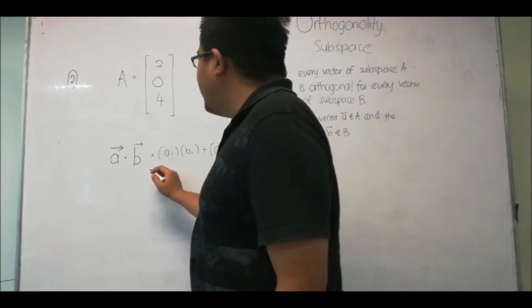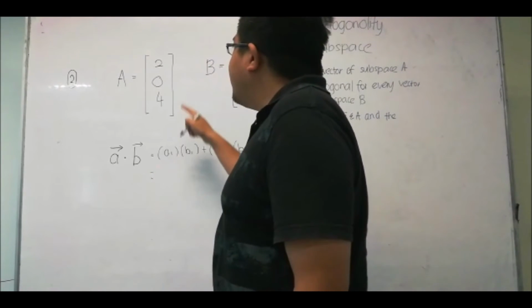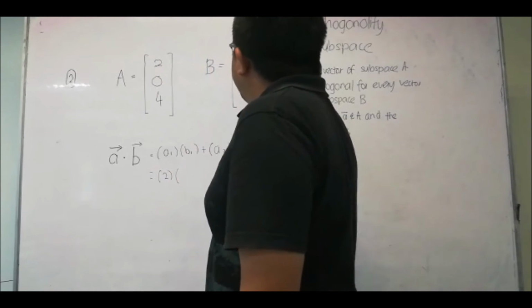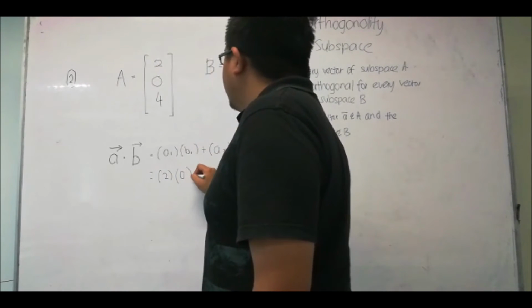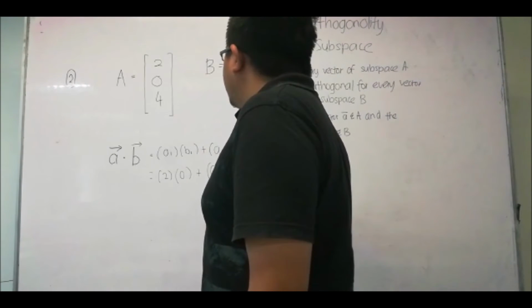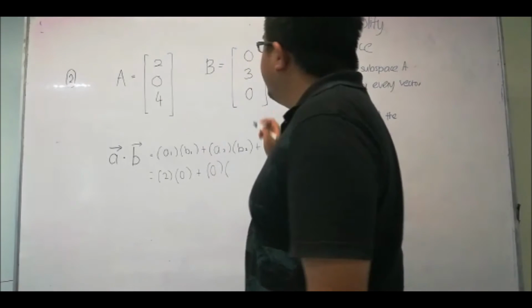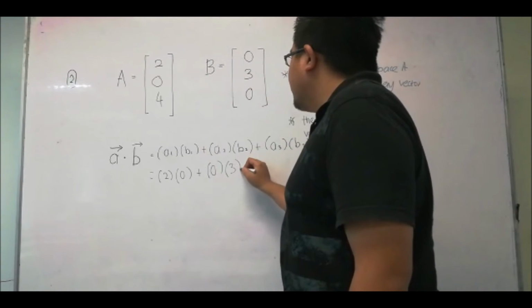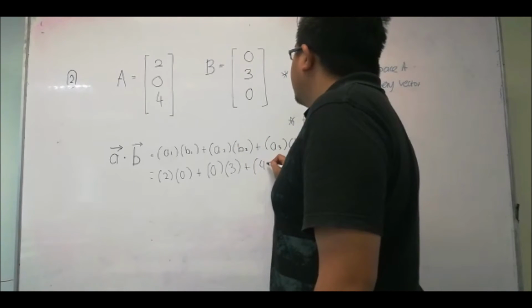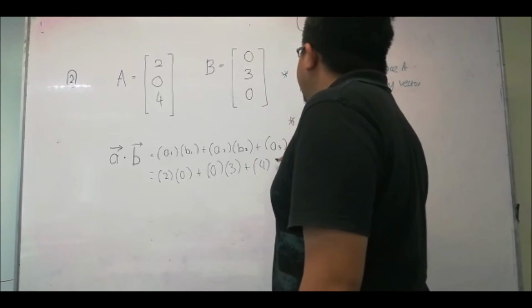So we substitute the values. A1 is equal to 2 and B1 is equal to 0, plus A2 is equal to 0, B2 is equal to 3, A3 is equal to 4, B3 is equal to 0.